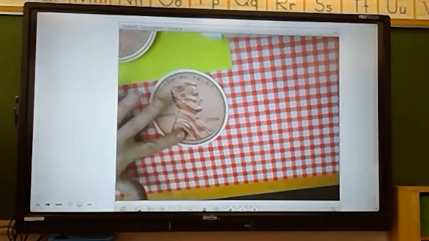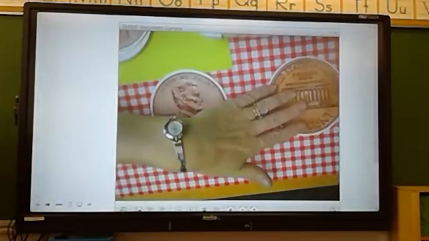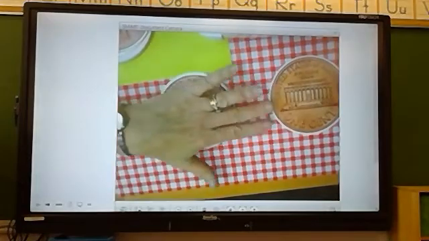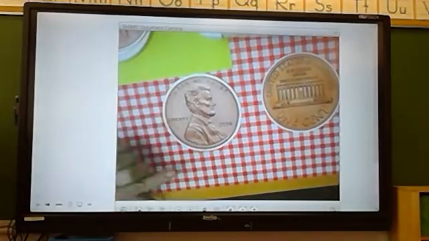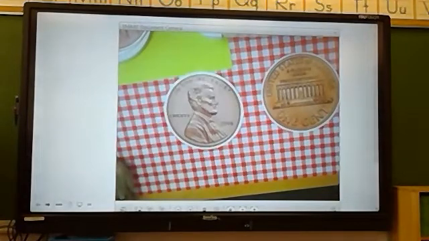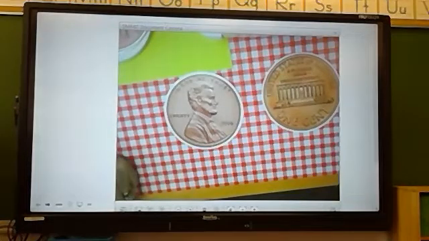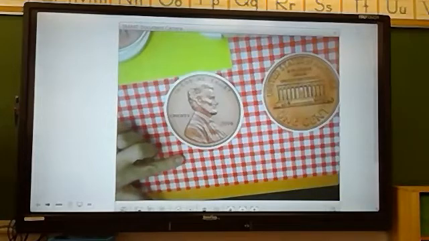Here's the head of the penny and the tail of the penny, right? And we talked about whether it's the heads or the tail of the penny that's facing up. Each penny is worth 1 cent. And so when I count pennies, I count by ones.